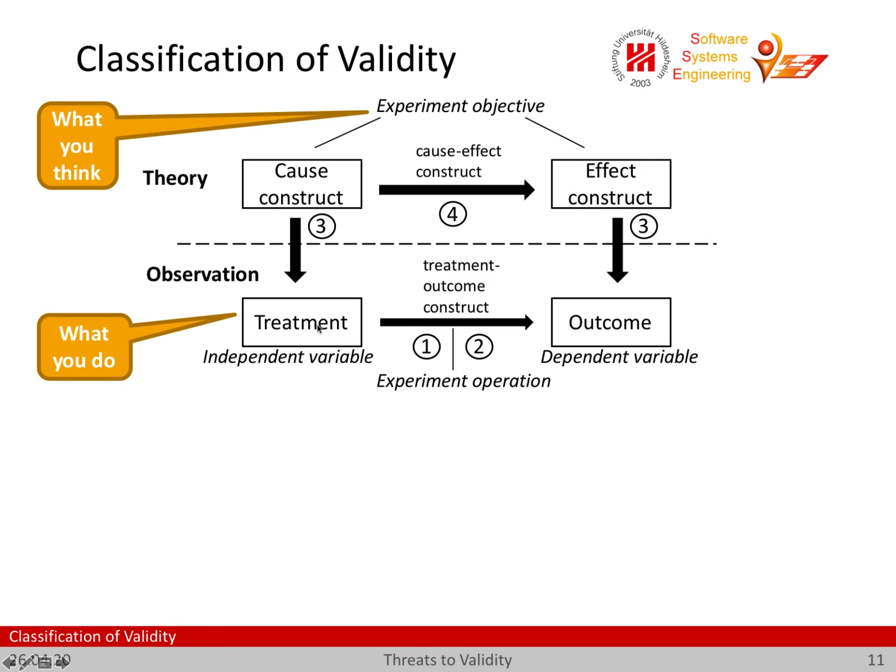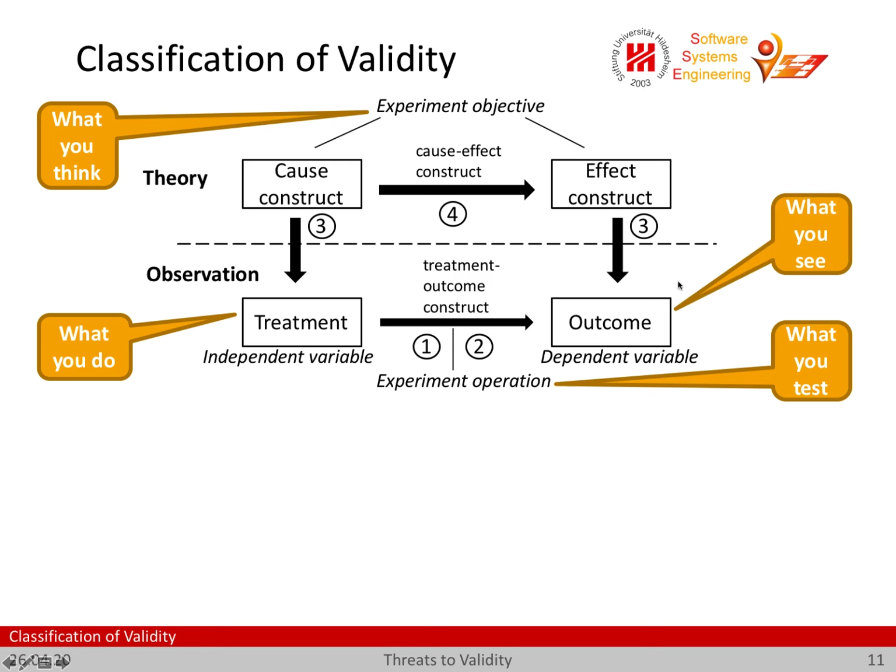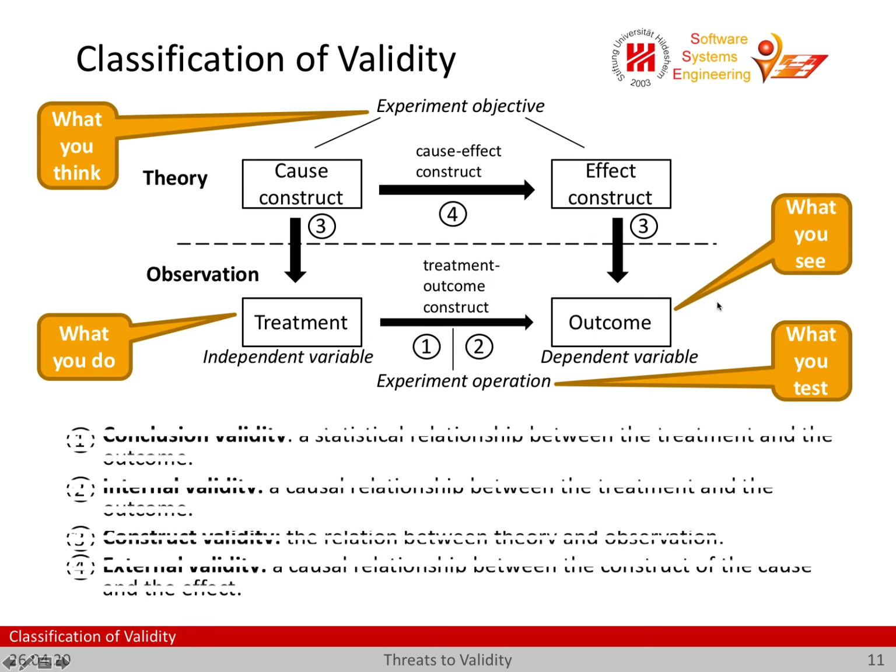The treatment is, what do you do? What are the treatments that you apply to a specific experiment? The various options of what to do. The experiment operation is what you test, how you run the experiment. The outcome is what you see.